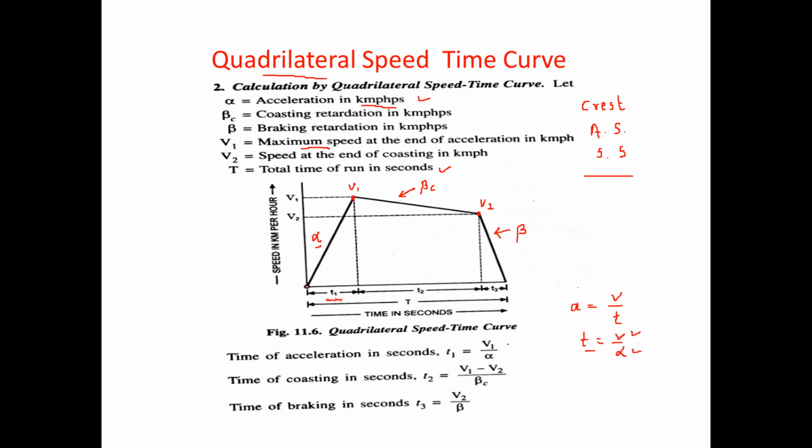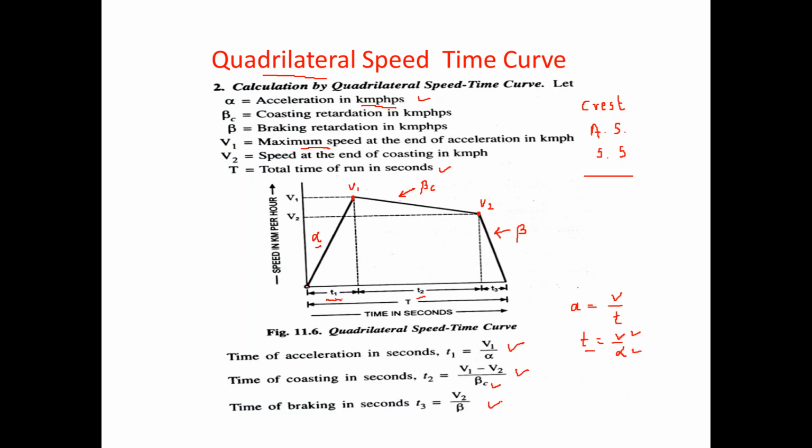So we find the time during acceleration, then the time during coasting. Here the time is T2, and the speed change is V1 minus V2, and the acceleration is beta c.